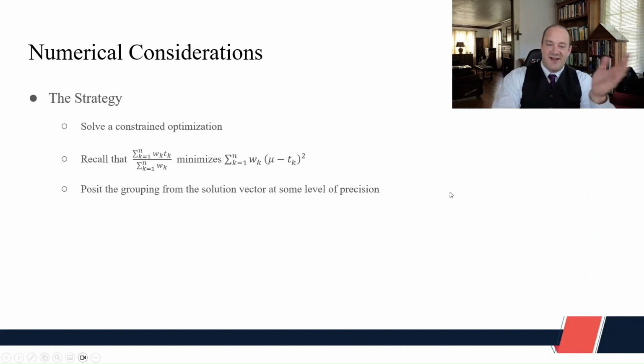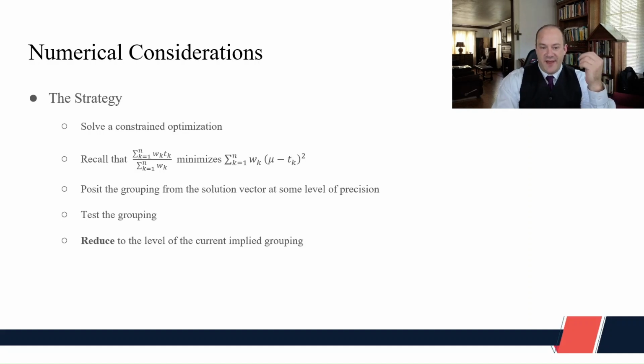And we're going to posit the grouping from the solution vector. We just found out, well, it's great in theory, but it doesn't always work. Nonetheless, that's fine. We'll just test the grouping, and then we will reduce to the level of the current implied grouping, and then we'll just keep doing that until we get a set of things that actually have increasing target.